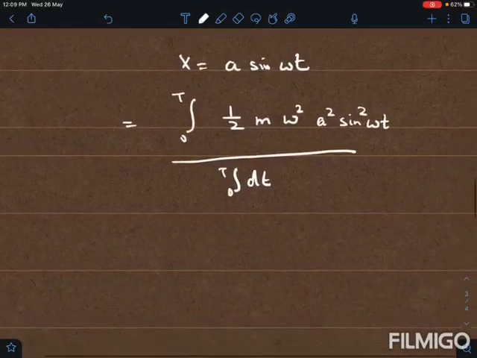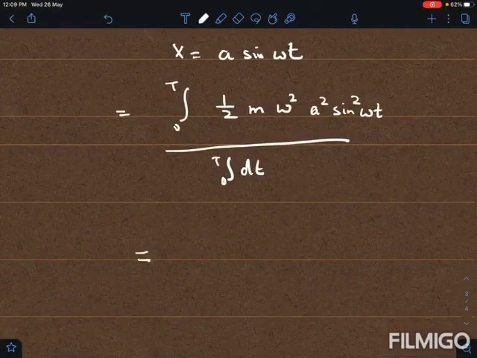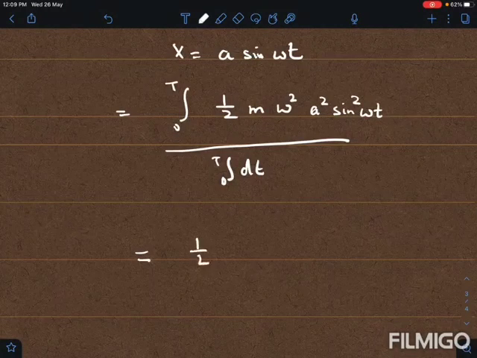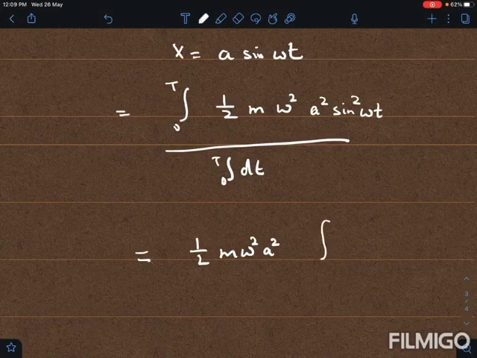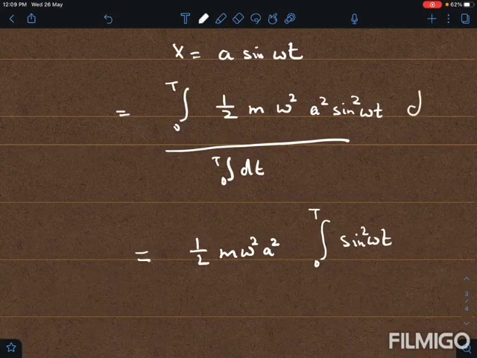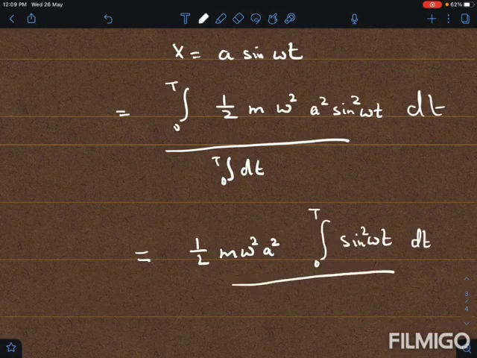So you can just pick the constants outside. Half m omega square A square is all constants, so you end up only with sine square omega t inside the integral. I forgot to put a variable here, dt, the whole divided by the integral from 0 to T dt.